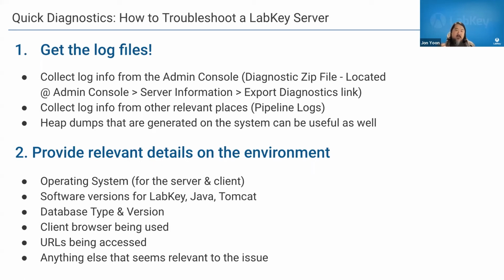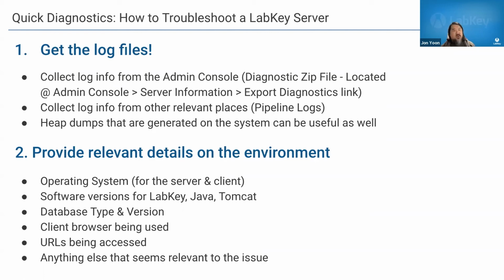So if you go into the gear icon, click on go to modules, and then go to pipeline, you will see all the pipeline jobs that have occurred for that particular container. Or you can go into the admin console and access a link called pipeline, and it will display that information there as well.